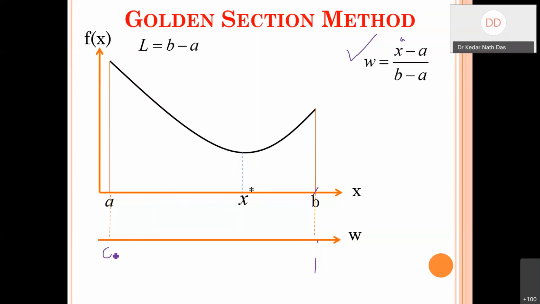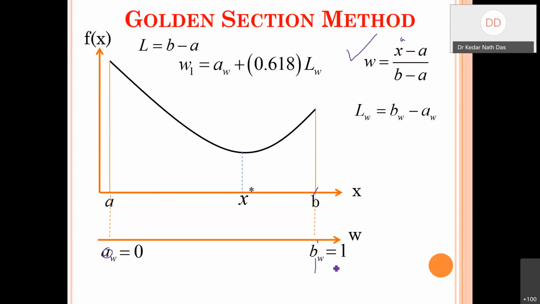So this a, b range is mapped to the 0, 1 range. It is sometimes called normalization, and these values are named aw and bw. So all the values we get are between 0 and 1 after mapping, and LW is actually the length from AW to BW.